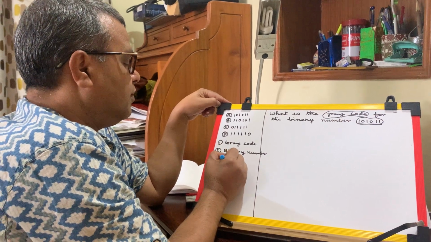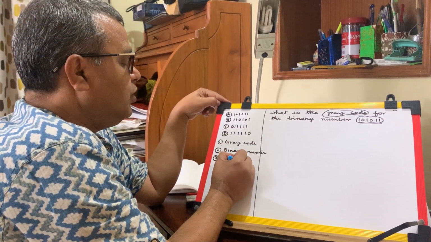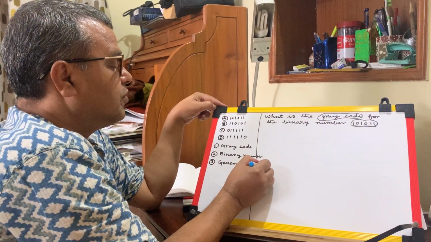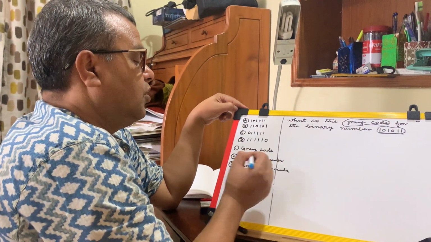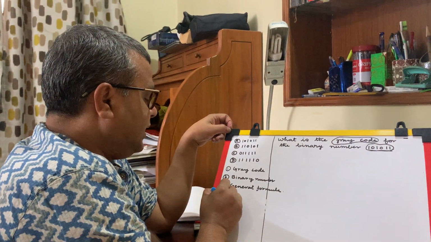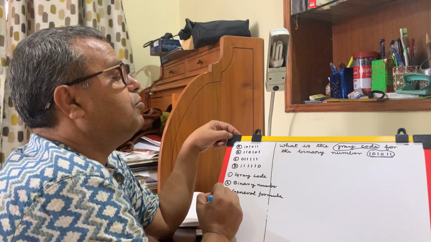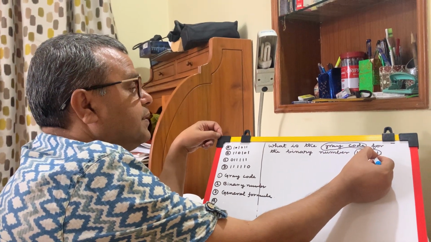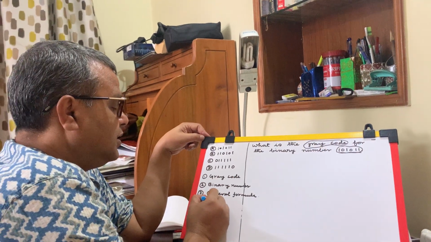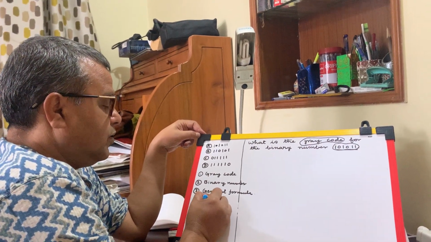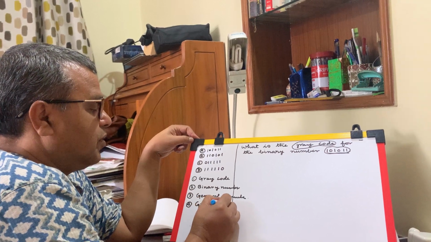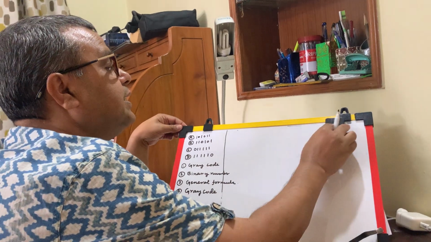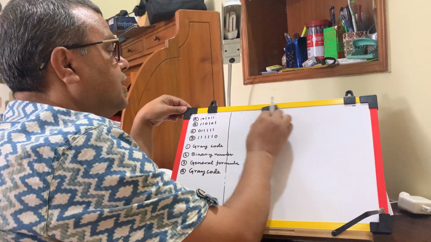So a general formula or equations, and then in that formula we enter the binary number, which will help to find the gray code. First, let us find out what gray code is.